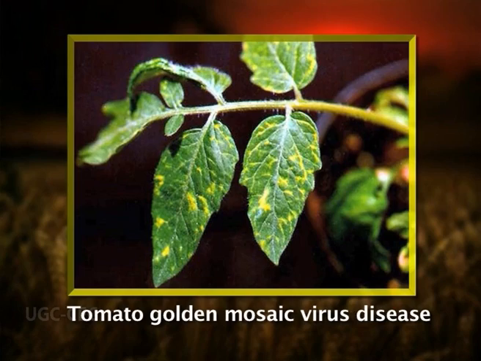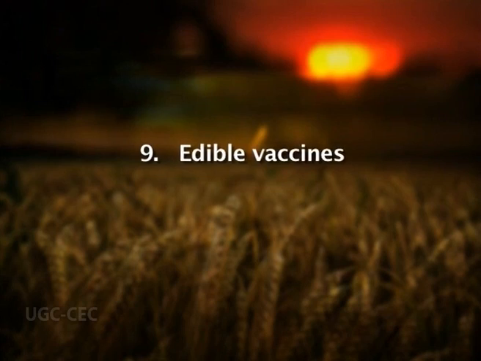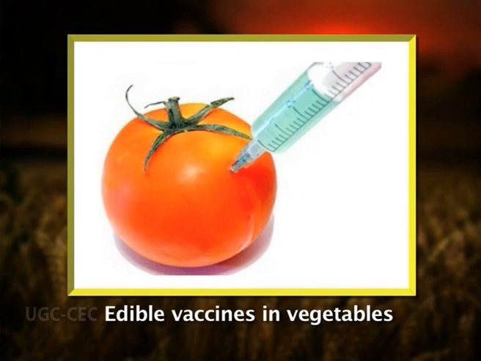Another important application of plant genetic engineering is edible vaccines. Vaccines are available for many of the diseases that cause widespread deaths in developing countries, but they are often expensive to use as well as to produce. As a result, the vaccines often do not reach those that need them most.